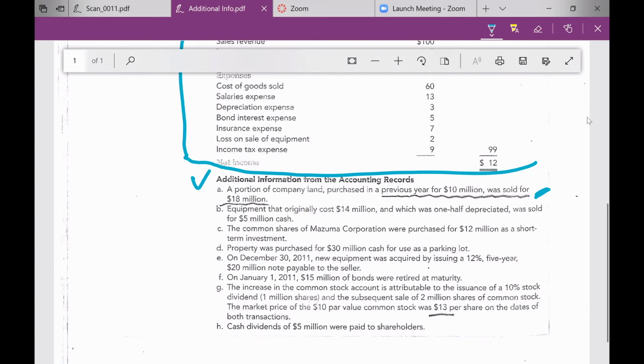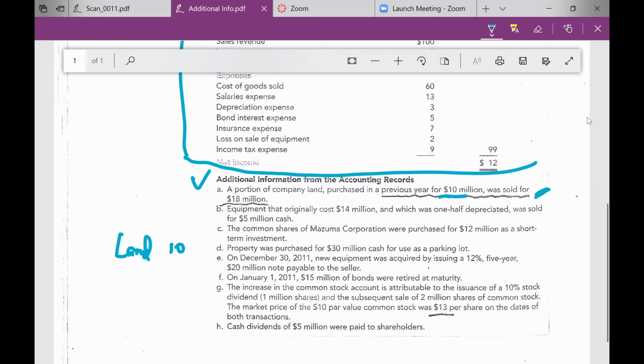If you look at this situation, what should the journal be? If you write a summary journal, the cost was 10. Now we sold it, so we should credit land for 10.